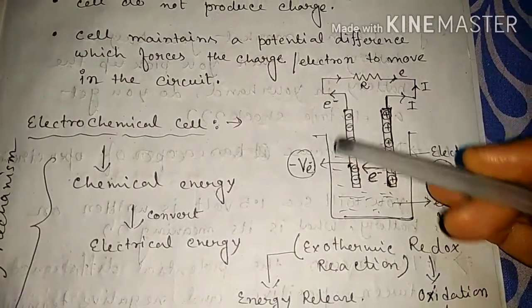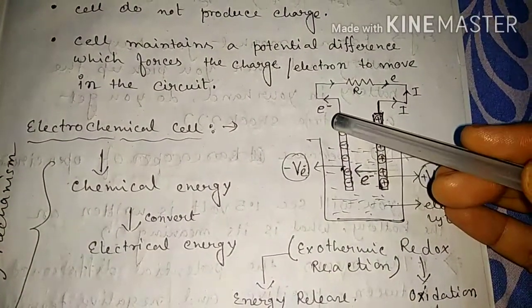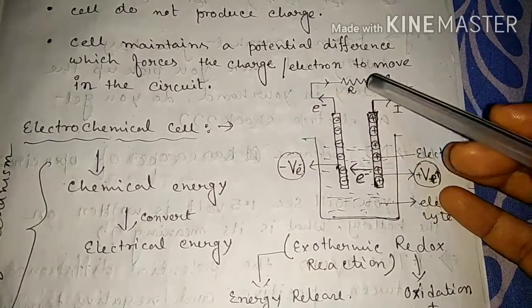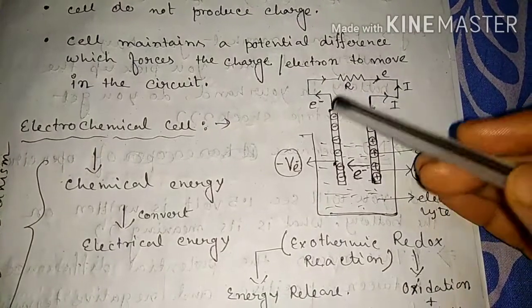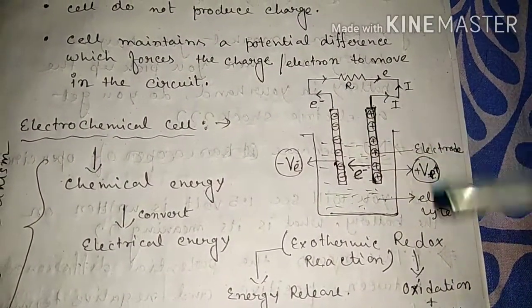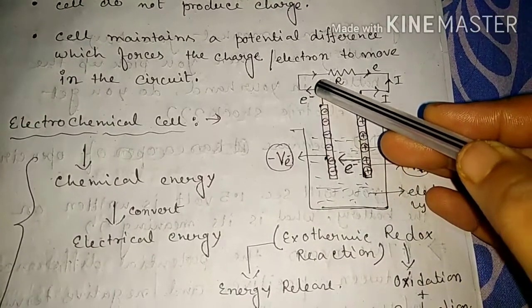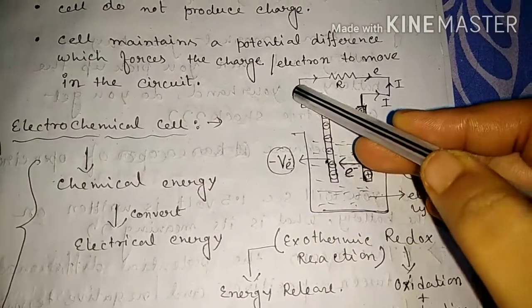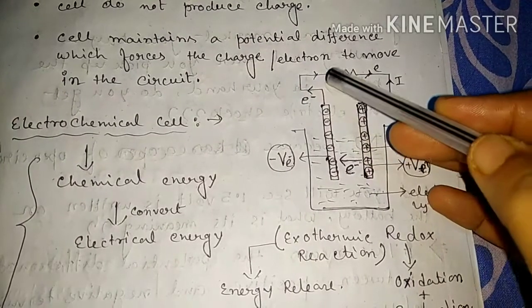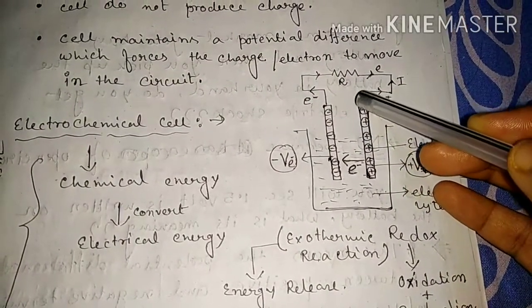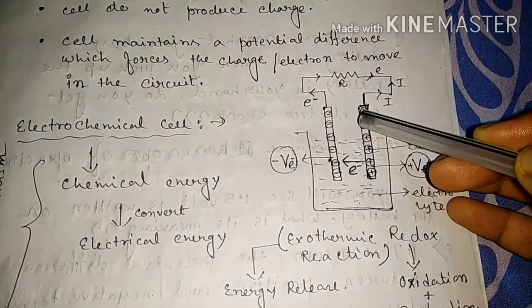Now here electrons are accumulated, that means negative charges. Now when we join this resistance, this is a closed circuit, and the electrons get a path to flow. In this way electrons flow from this side, through the resistance, towards the positive electrode.